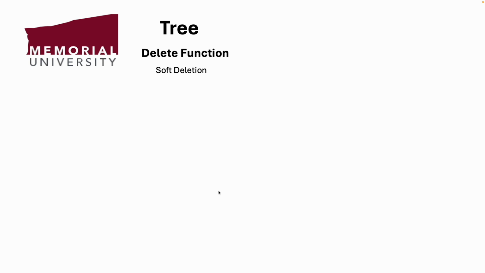Soft deletion. This is a technique being used in many places, also in database design. Soft deletion is not a real delete. We just flag the node. We add a Boolean variable, isDeleted, to define it as true or false.